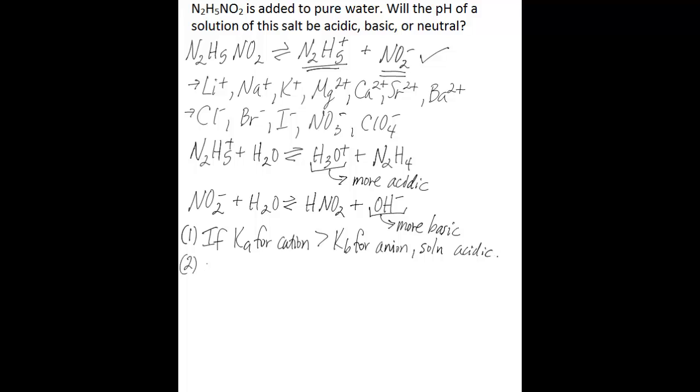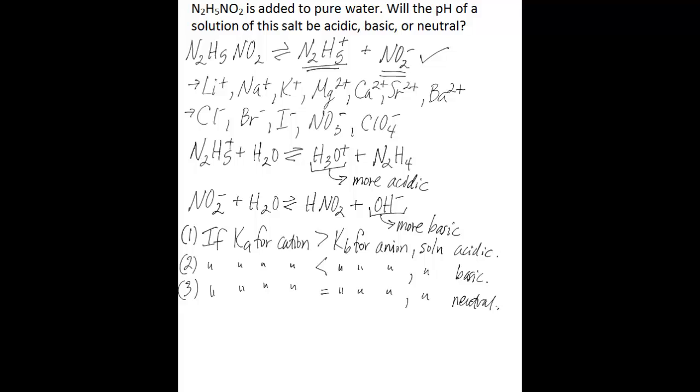The second rule of thumb is if the Ka for the cation is less than the Kb for the anion, then the solution is basic, due to an excess of hydroxide ions. And the third rule of thumb is that if the Ka for the cation is approximately equal to the Kb for the anion, then the solution will be neutral. This is because you have approximately as many hydronium ions as you do hydroxide ions.